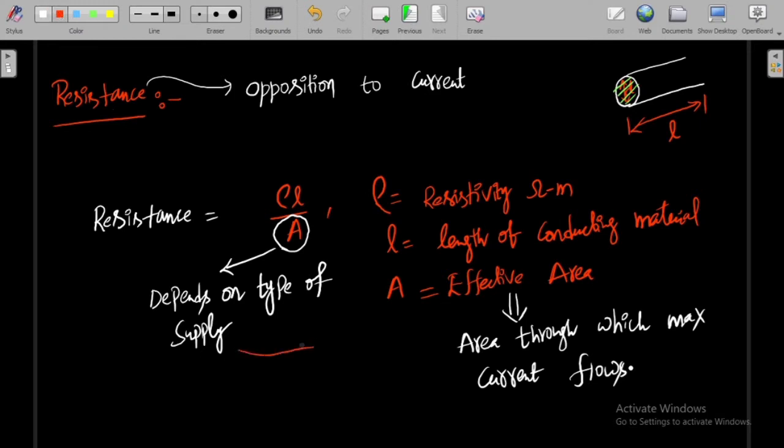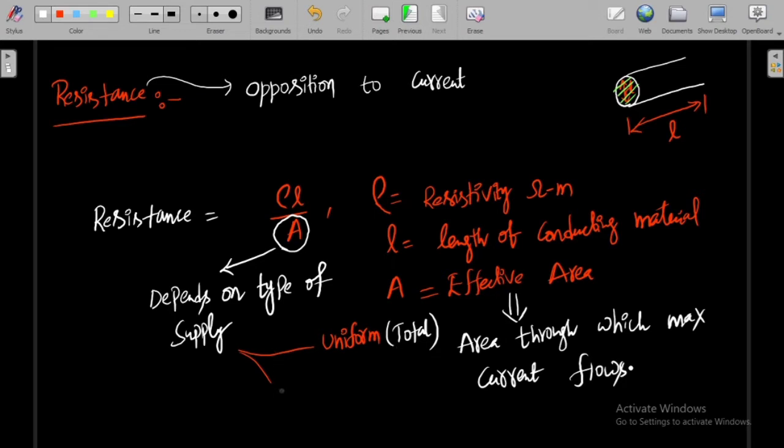So depending upon the type of supply, we can say that the current is flowing in a uniform manner. Uniform manner means if the current is flowing through the total area, then we can say it is a uniform distribution of current.